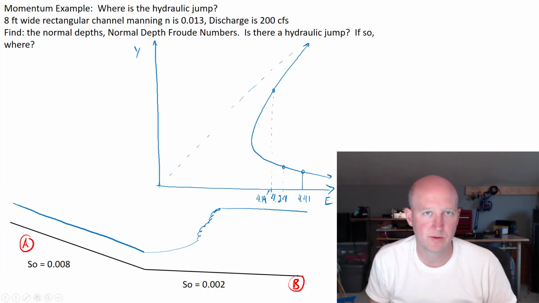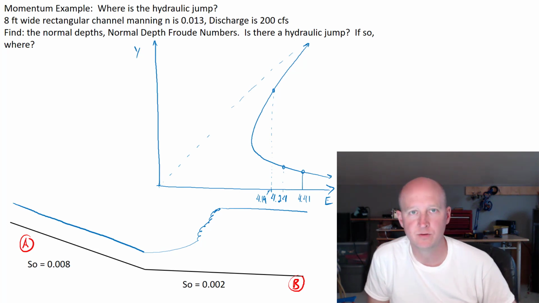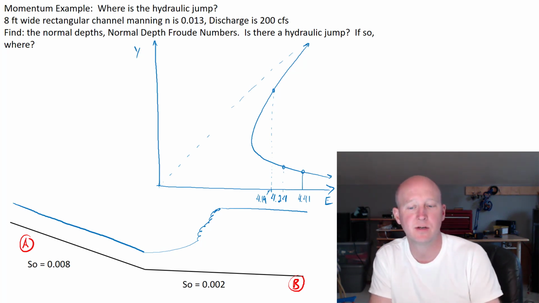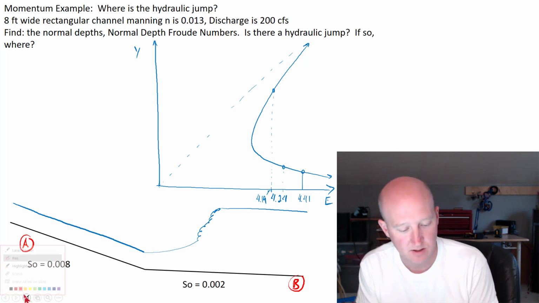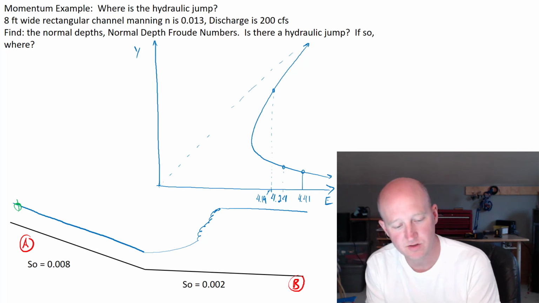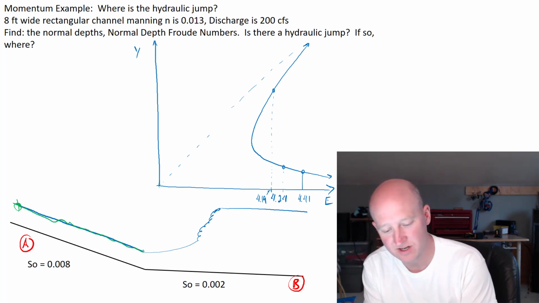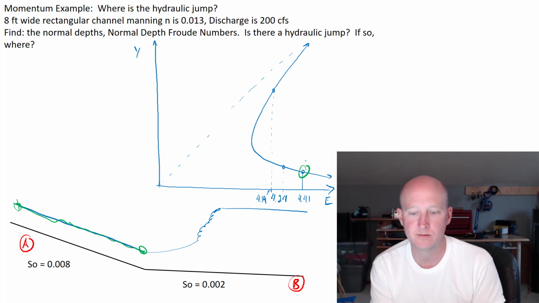So we should talk a little bit about energy since we didn't do a step or something that would require us to use our energy balance approaches. This is a type of energy balance, but I wanted to go through it real quick so that we have something to talk about. So if you think about the water moving from left to right, so if we start upstream, the energy is the same all throughout this section, and that energy is 4.41.